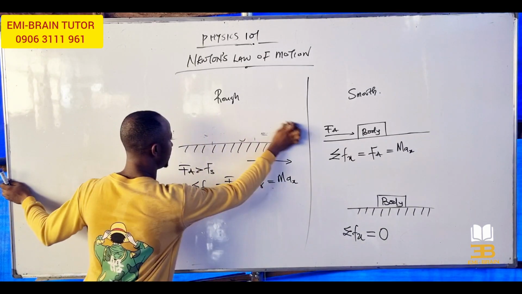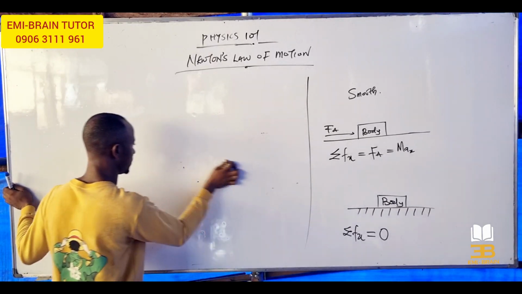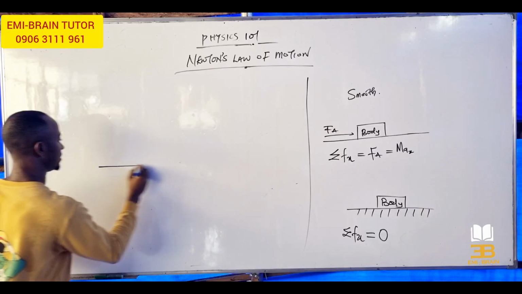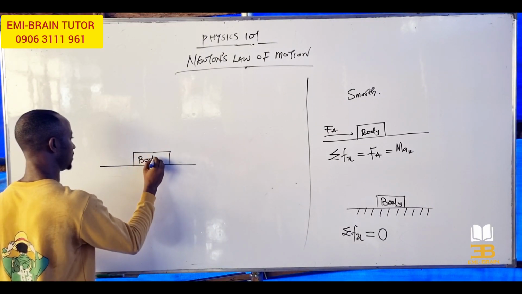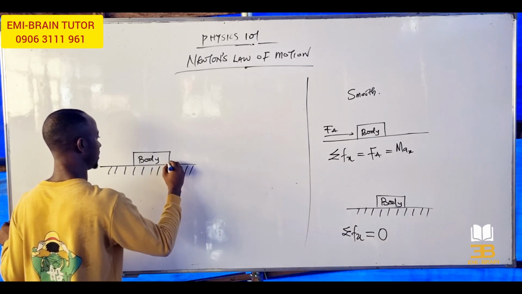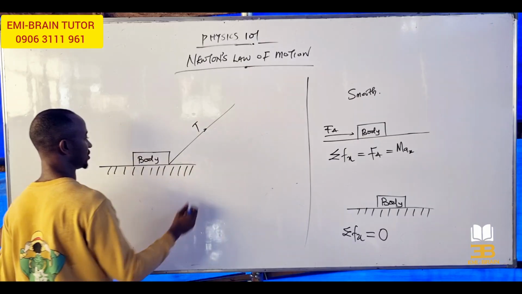Now let's see another case of a body. If I have another case here, let's say I have a body kept on a rough surface, and this body is being dragged with a rope. The rope has a tension.